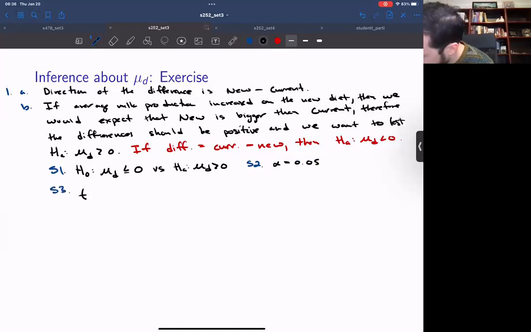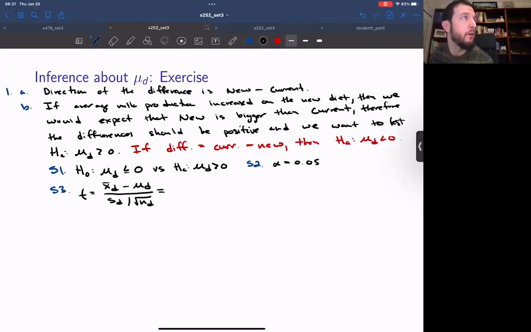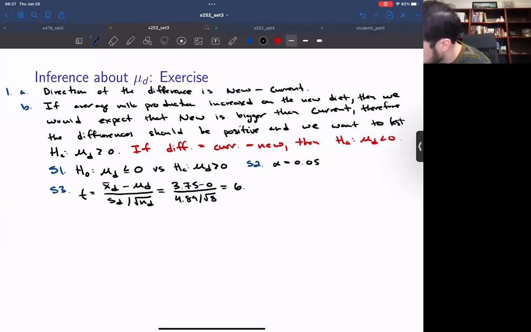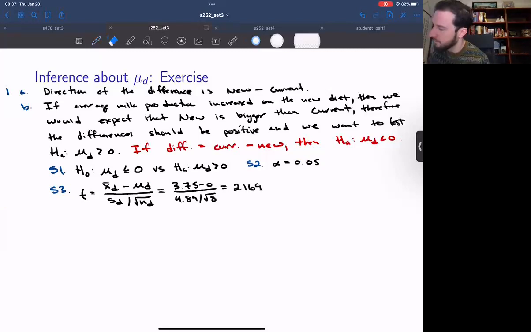On step 3, we're going to have T is X bar D minus mu D divided by SD over the square root of nD. This is going to be from the previous slide, because these are given to us. We'll have 3.75 minus 0 divided by 4.89 over the square root of 8. And this is going to be 2.169.